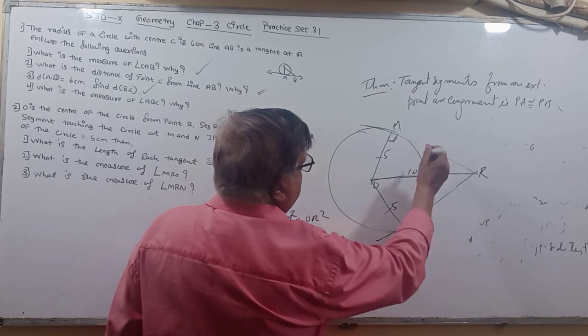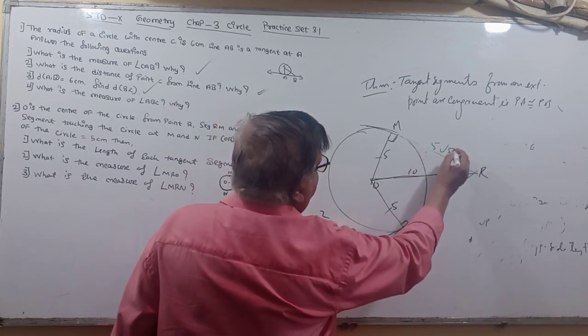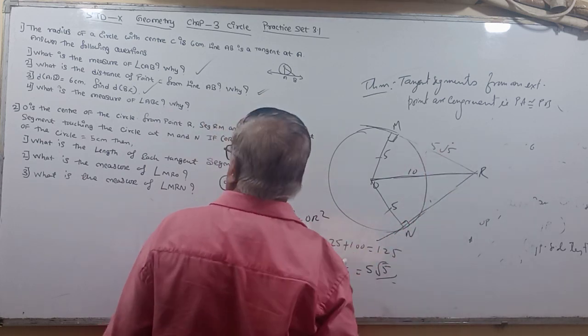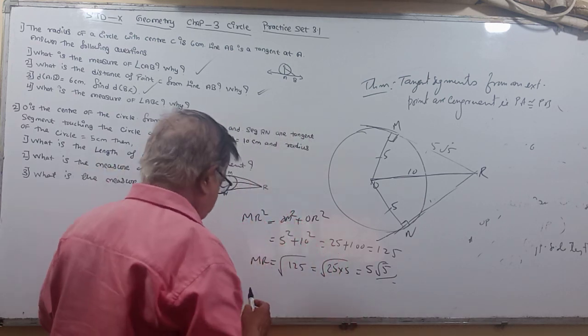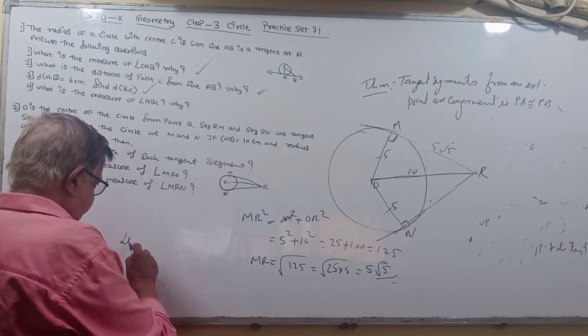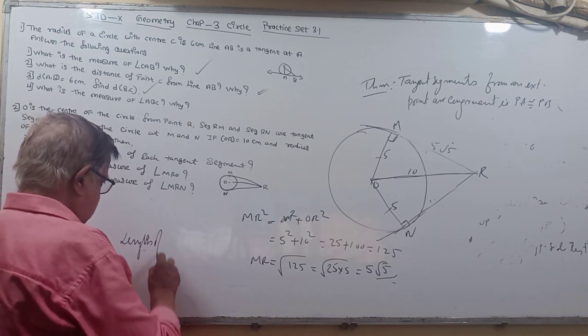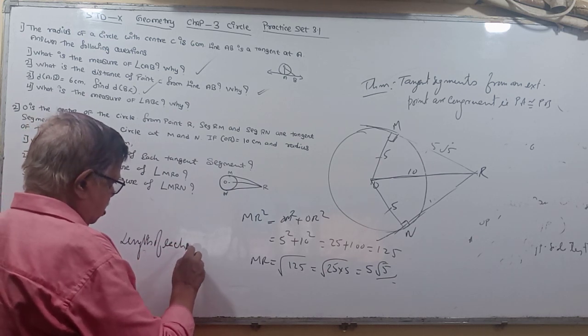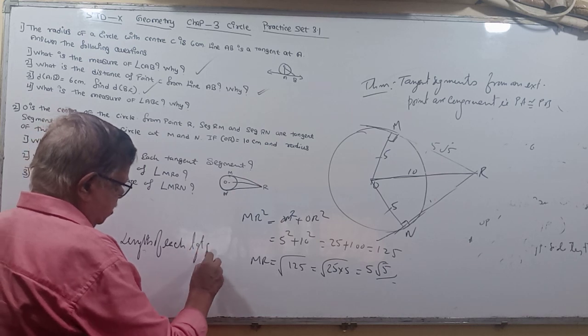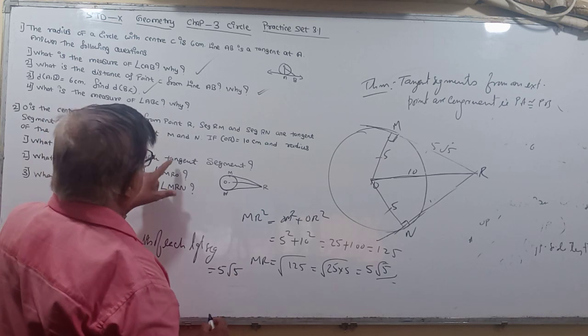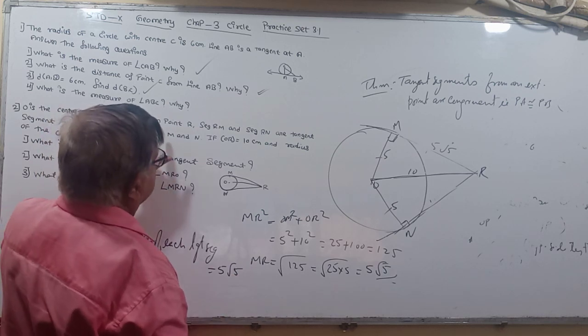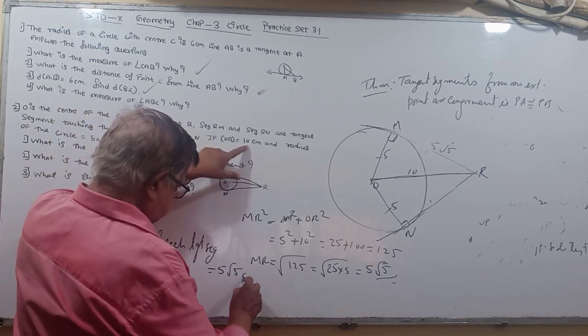MR is equal to 5 root 5 and RN is also equal to 5 root 5. The answer is length of each tangent segment equal to 5 root 5 centimeters. Units are not given, but since it is centimeters, we have to write centimeters.